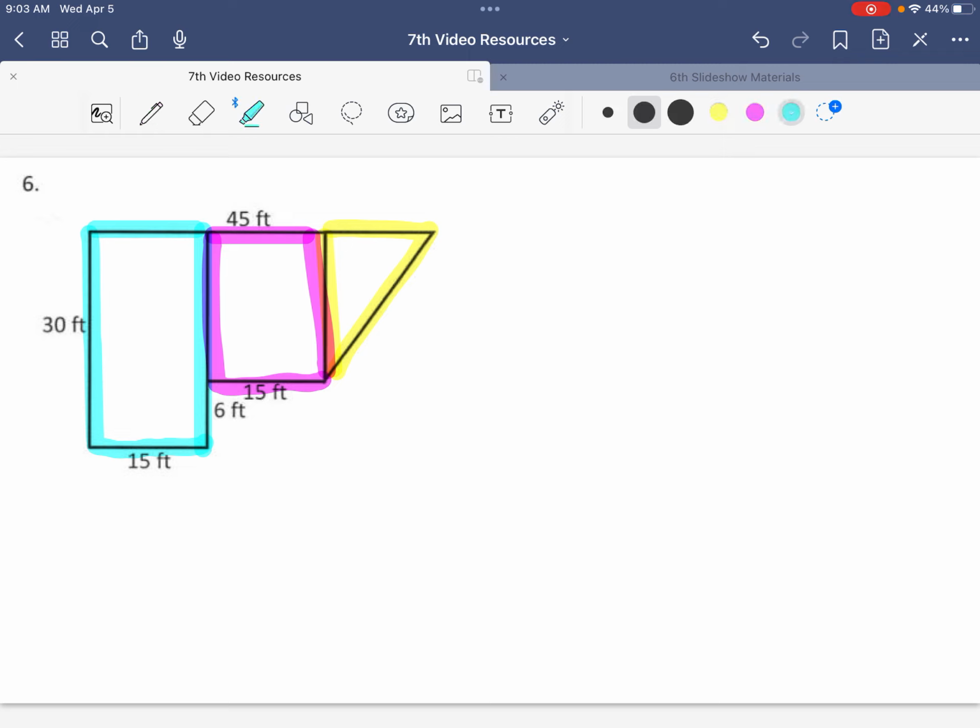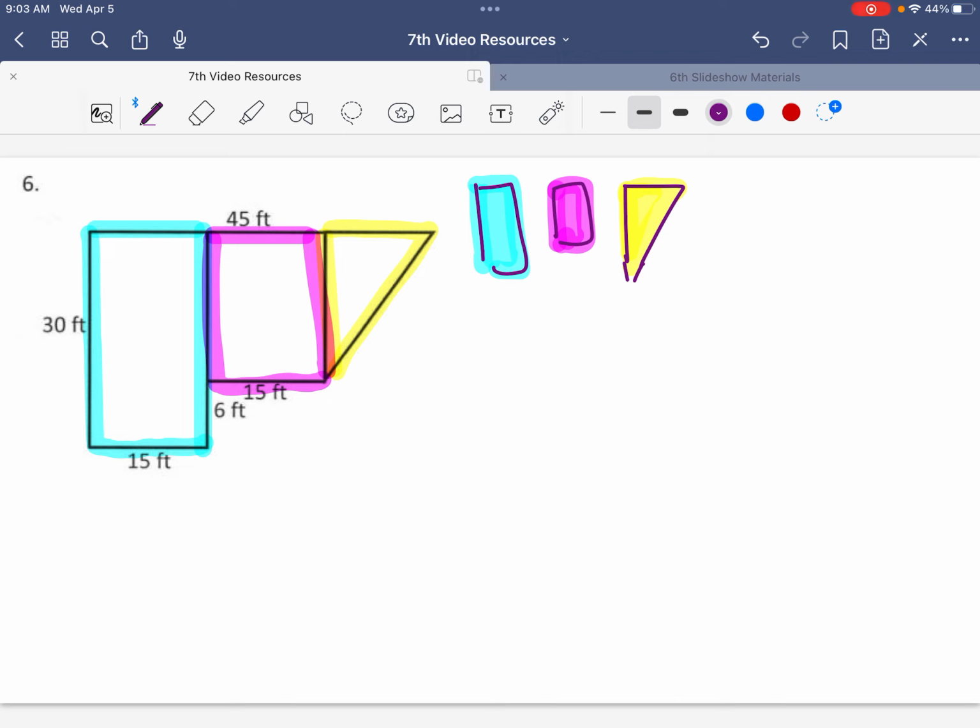To find the total area of it, I would need the blue rectangle, I would need the pink rectangle, and I would need the yellow triangle. So we're going to start by finding the area of those pieces. In order to do that, I need to know what formulas I need.